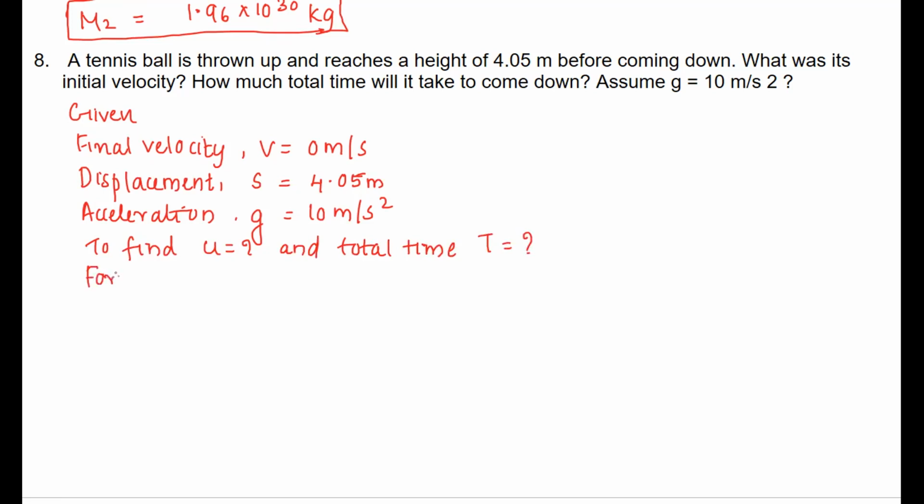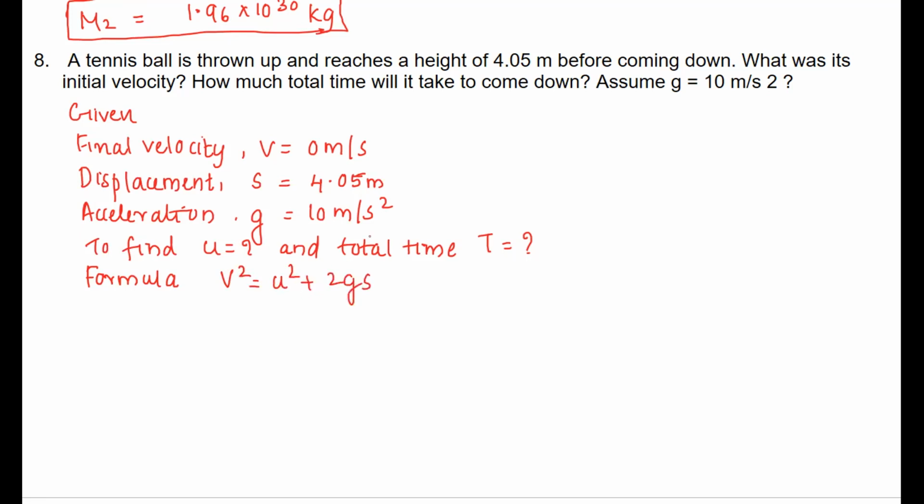Next step is we have to write the formula. Time we don't know, we only have v, s and g. So to find out initial velocity, we can use Newton's third equation of motion, that is v square is equal to u square plus 2gs.